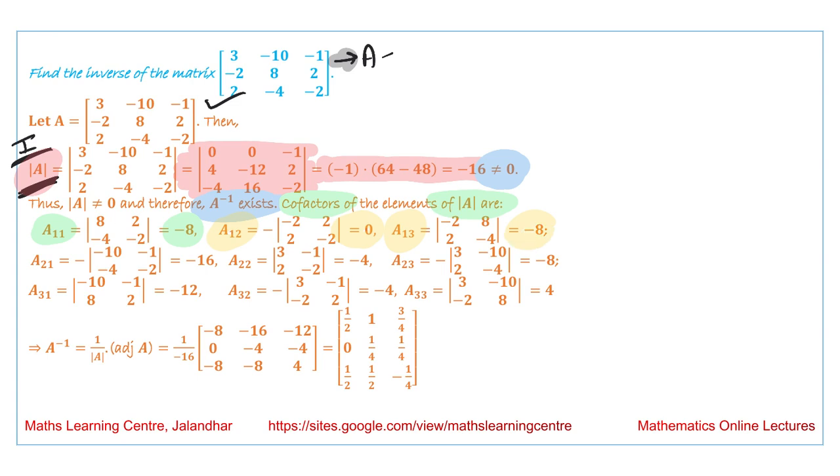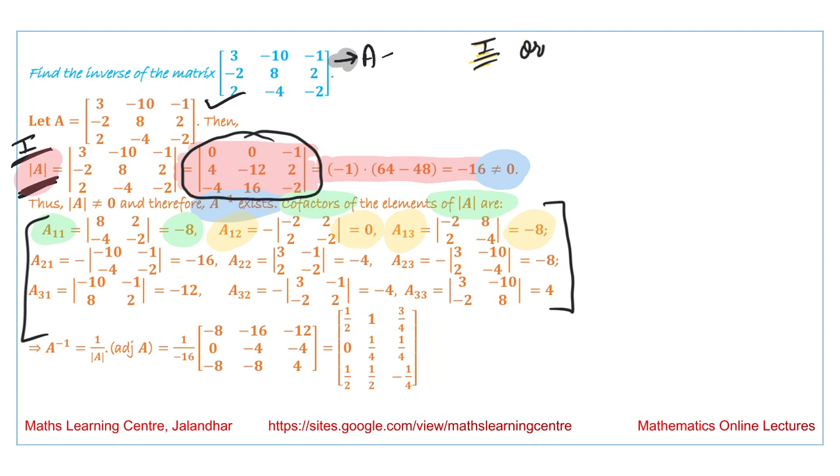Now an important point to note over here, first is that whenever you are calculating the cofactors, you are not going to use this matrix. You have to use the original matrix. It means, after applying some row or column operation, you have obtained some matrix.